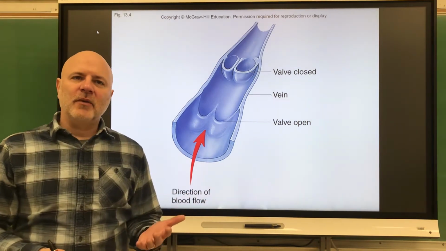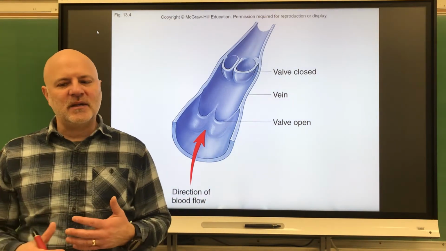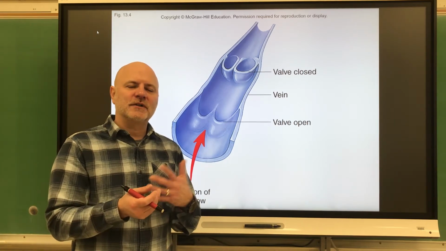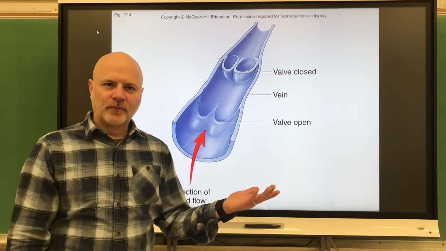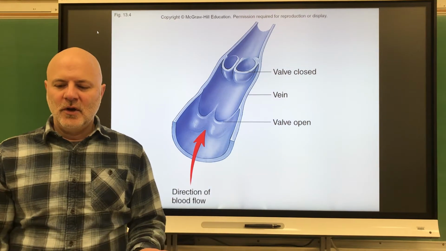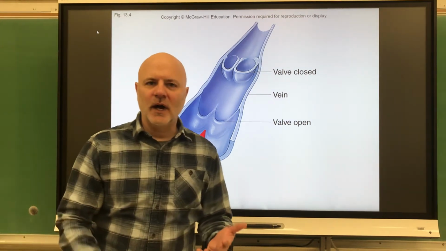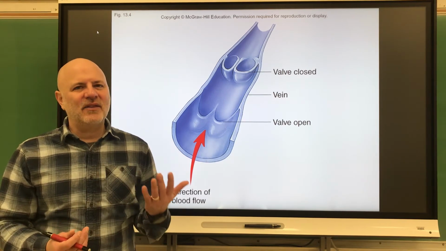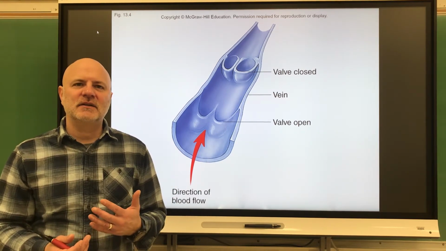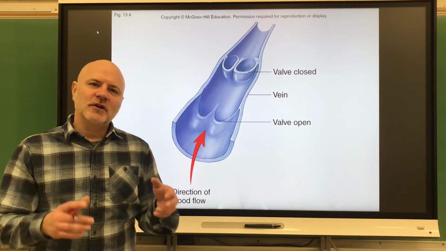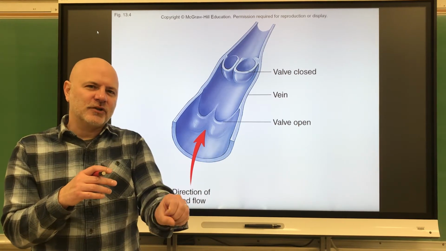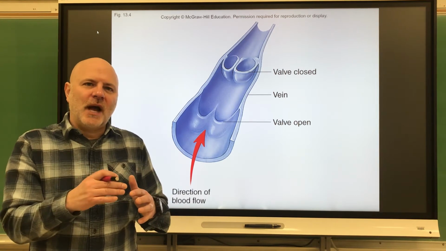When we talk about movement of the blood with the arteries, it's fairly simple. Ventricular contraction is what produces the pressure to move blood through the arteries. We look at veins, well, you're also going to have ventricular contraction, but the blood pressure in the veins is fairly low. So as we go from larger tubes to smaller tubes, blood pressure keeps going up, right?